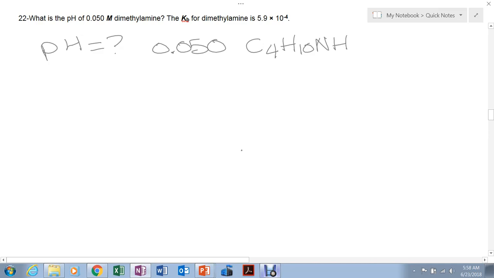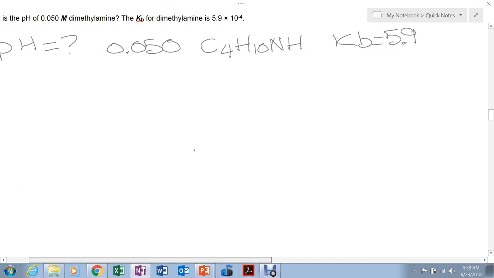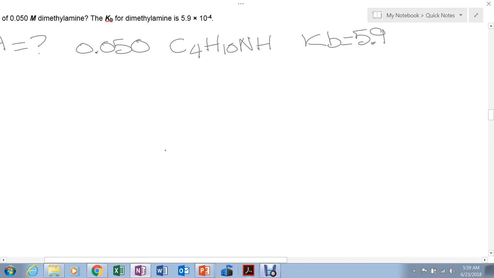All the amines that have the nitrogen are bases and are weak bases. With a Kb of 5.9 times 10 to the negative 4.